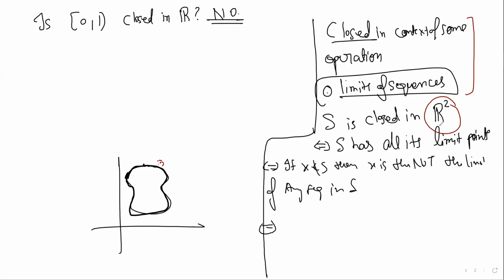So for example, if I change this from R2 to something else, then can a set which was closed in R2, but then if I change the space, then it is not closed anymore? Can that kind of thing happen? Why is that?